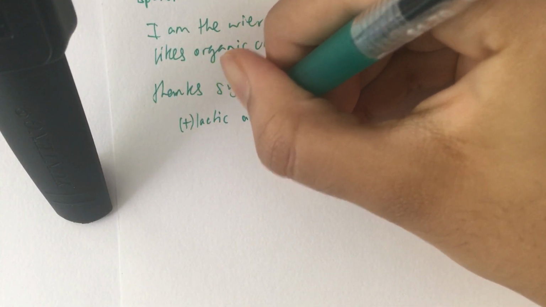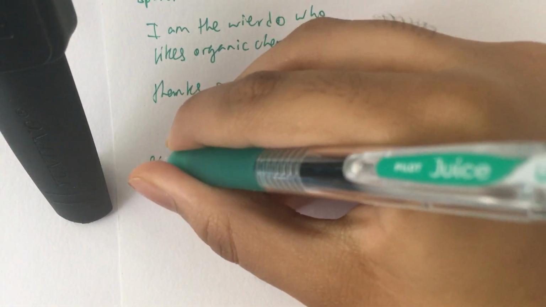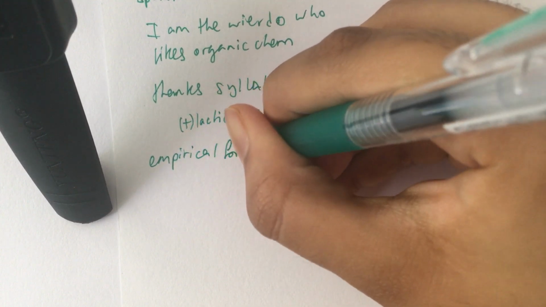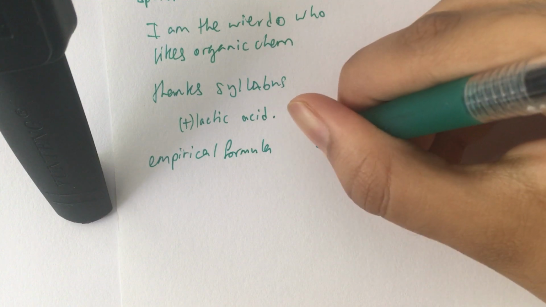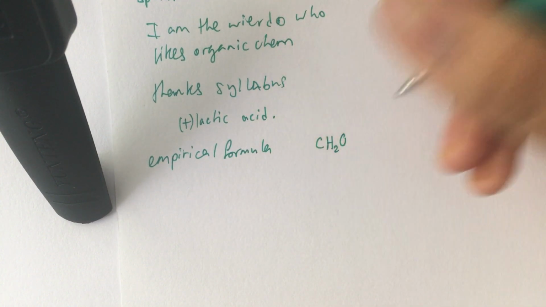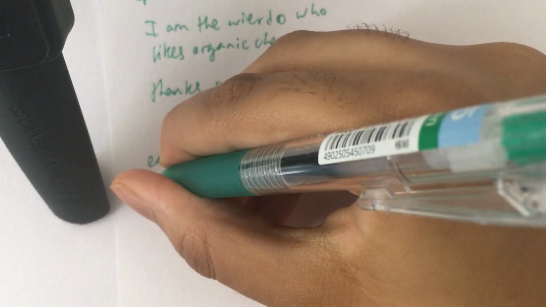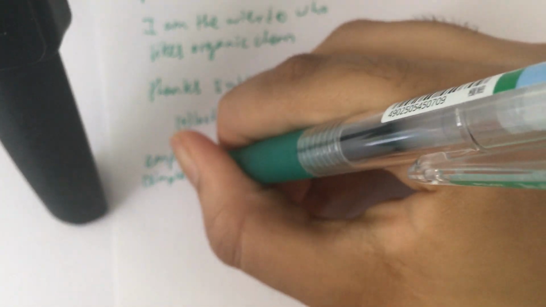The first one is the empirical formula, which is probably the most familiar term here, because it's basically the simplest ratio as compared to the molecular formula. You'd probably have tried to calculate this beforehand, like in the very first topic maybe, and therefore this shouldn't be anything foreign to you.